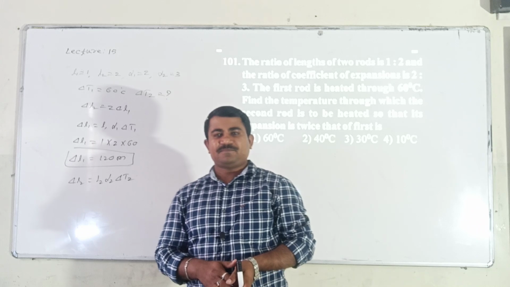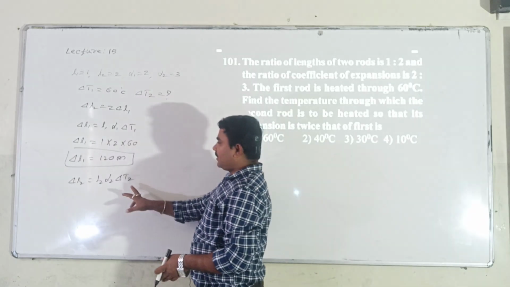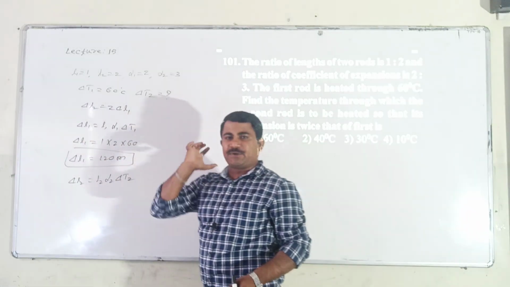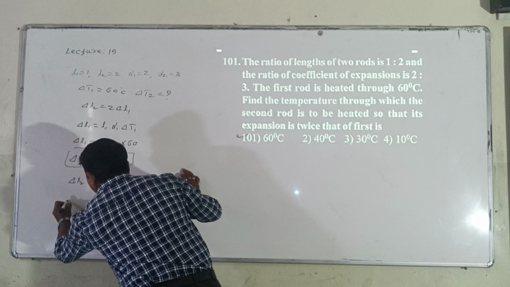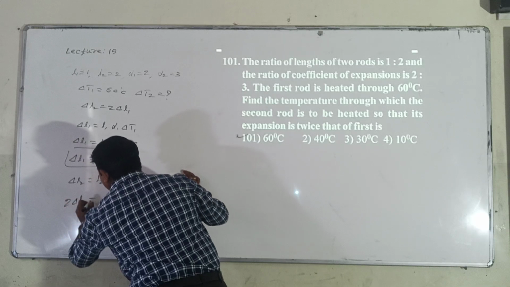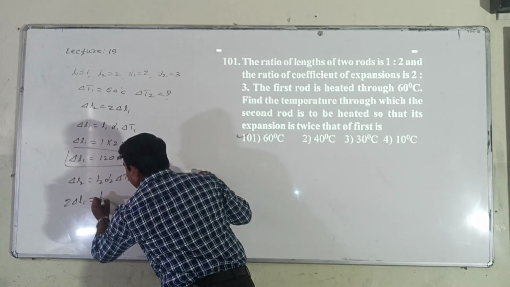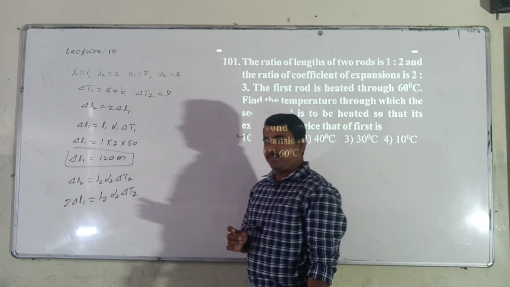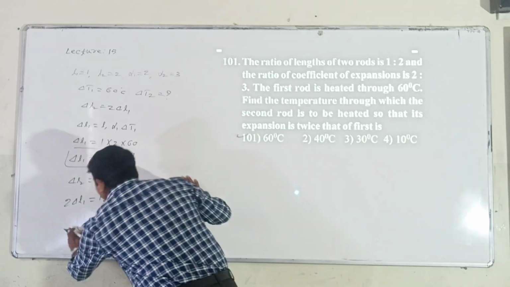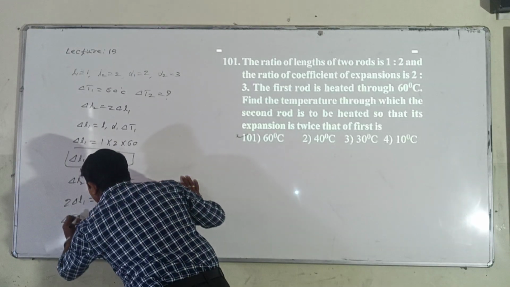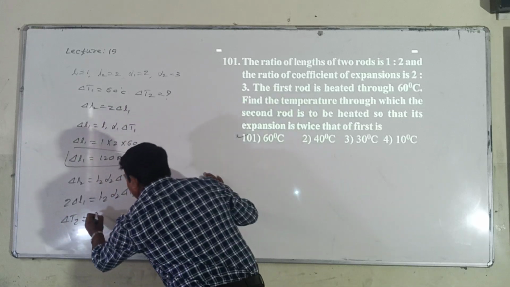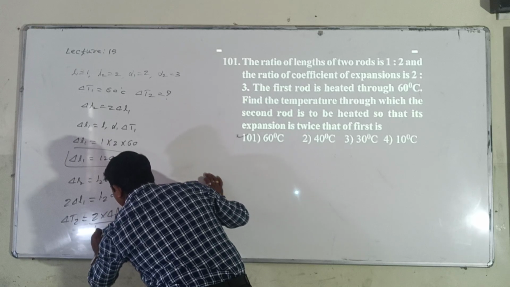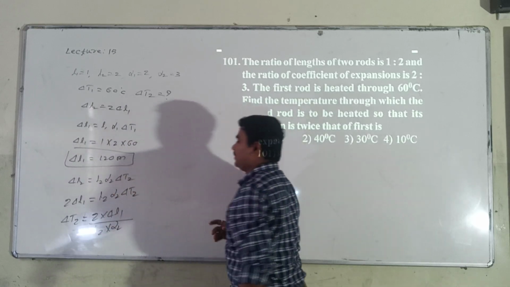But the condition is del L2 is equal to 2 times del L1. So 2 times del L1 equals L2 alpha 2 into delta T2. Then delta T2 is equal to 2 times del L1 whole divided by L2 into alpha 2.